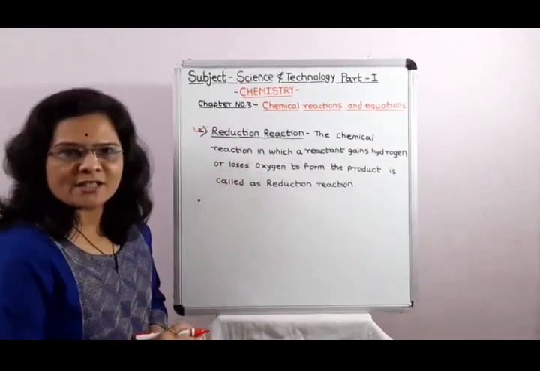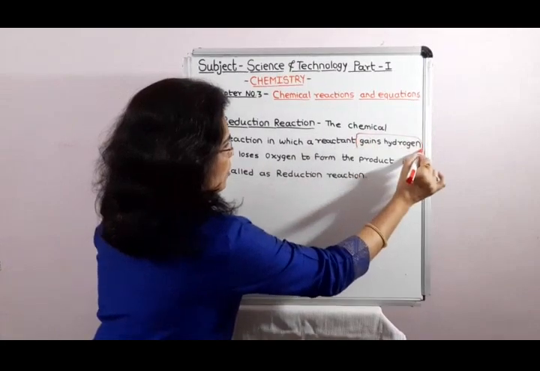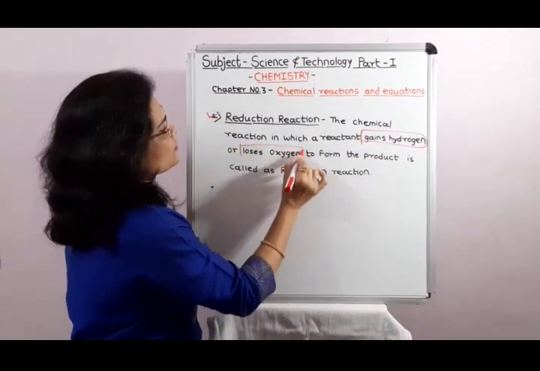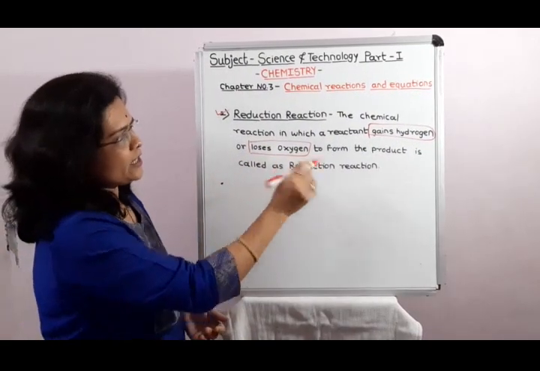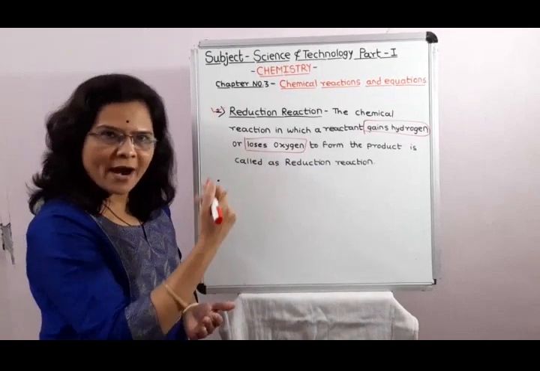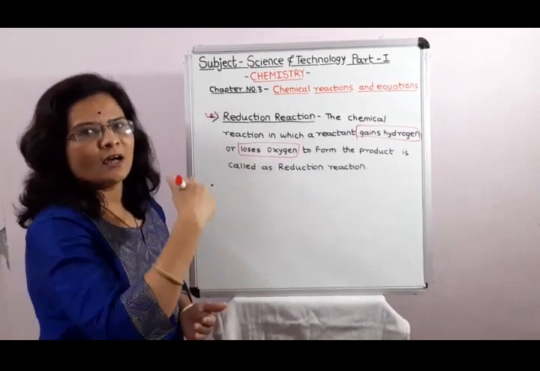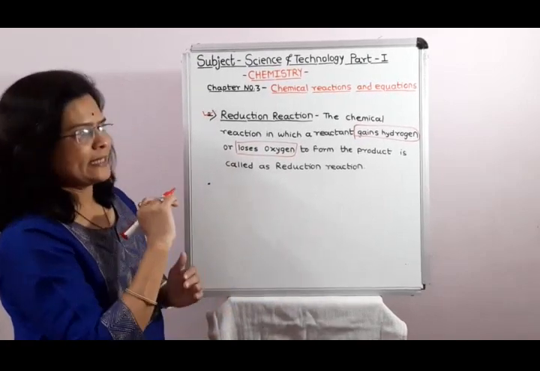The chemical reaction in which the reactant gains hydrogen or loses oxygen to form a product is called a reduction reaction. In reduction reaction, either there is a gain of hydrogen or a loss of oxygen, vice versa of the oxidation reaction.